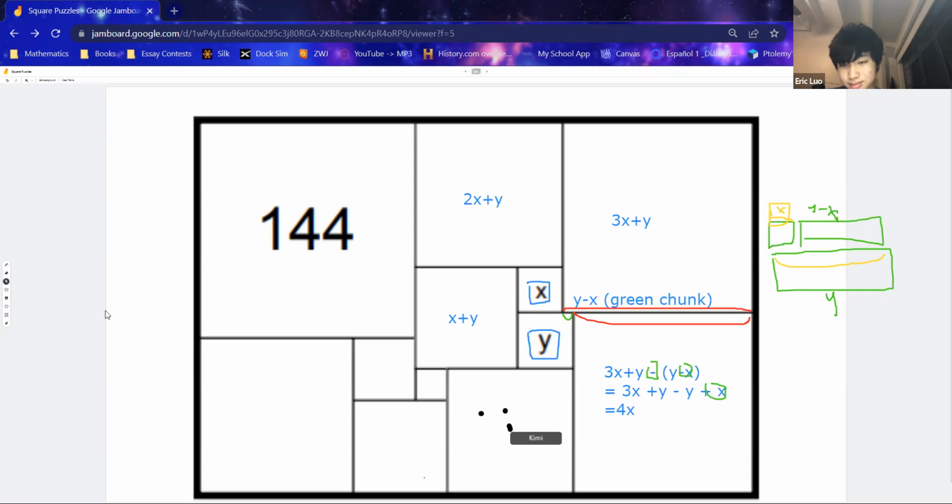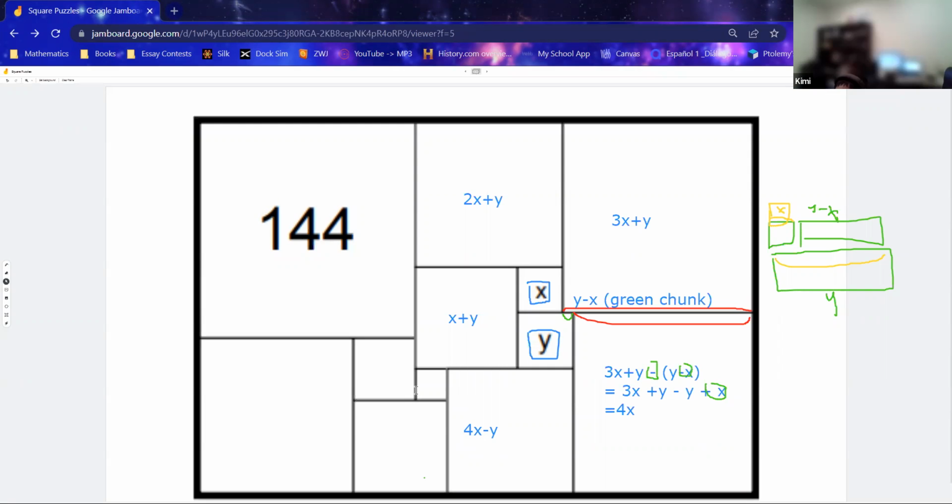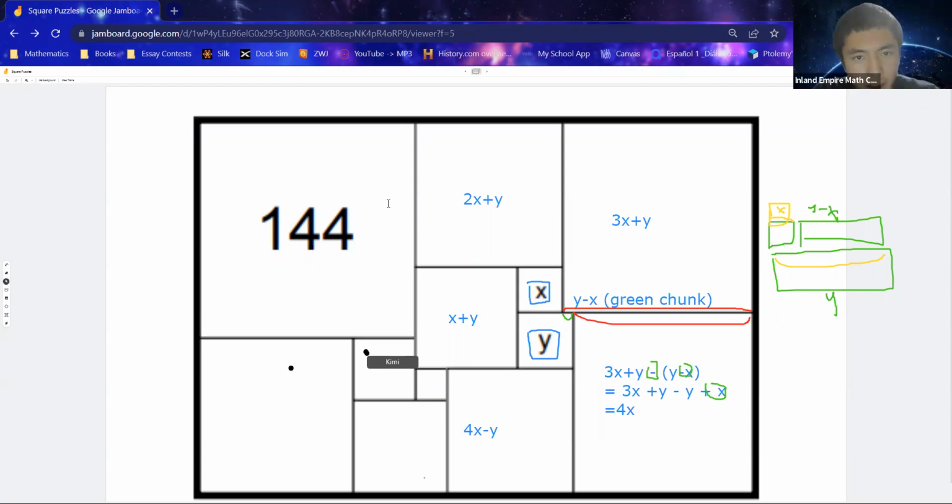So is this square 4x minus y? I think that's right. Okay, we have 4 more squares left. This is exciting. And then I think right now we should focus on this square. Yeah, or how about we focus on this square? Do you think we could find this square?